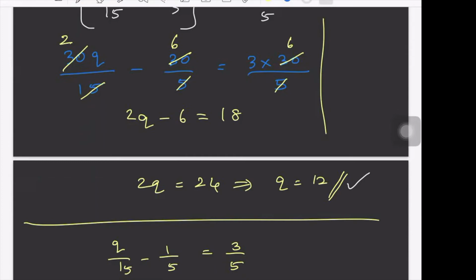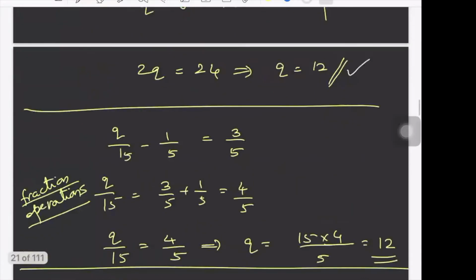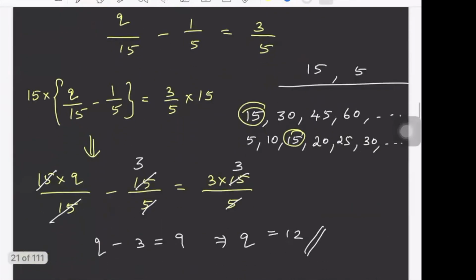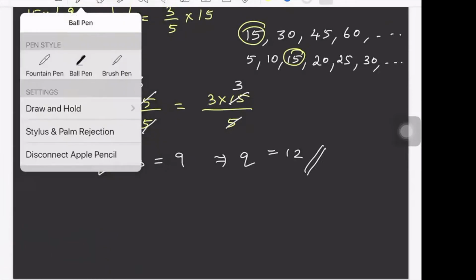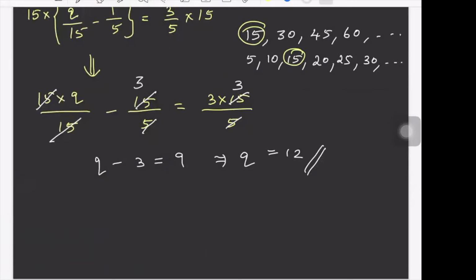Now, if we had chosen a number which was not a common multiple, what would have happened? If I had chosen, say, a number, say 10, which is not a common multiple. Say if I choose to multiply the entire expression with 10, what would have happened?